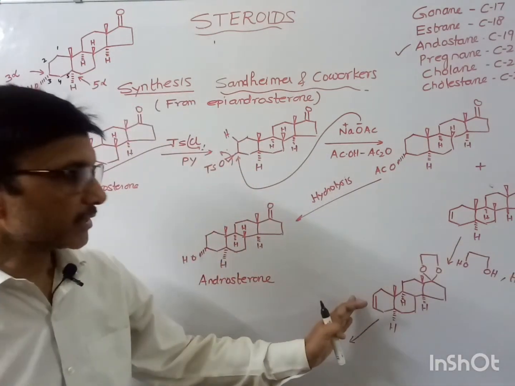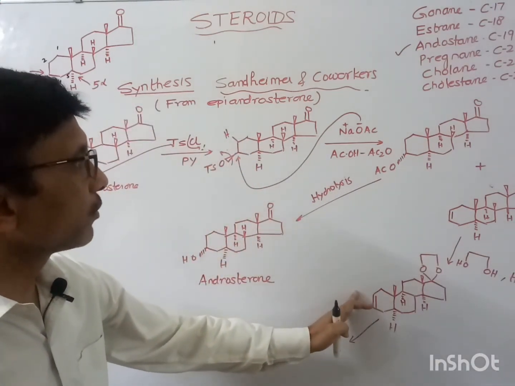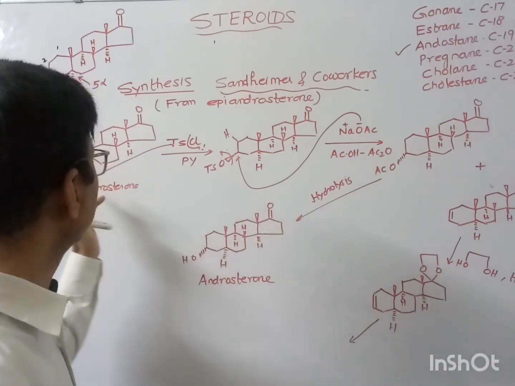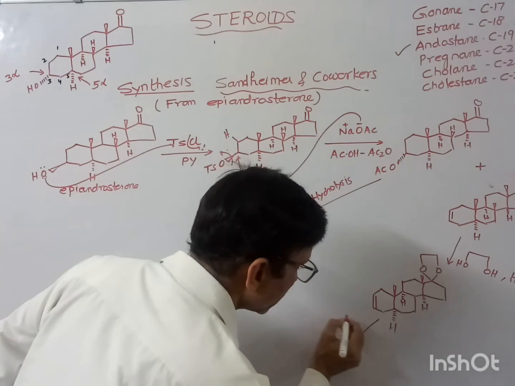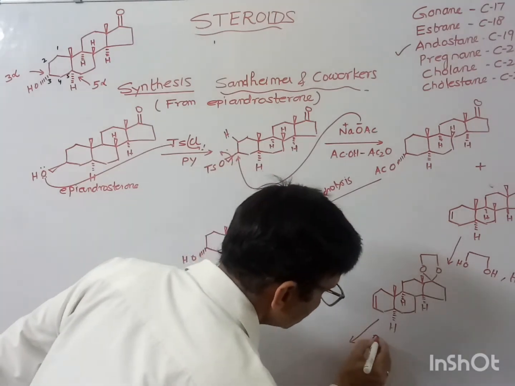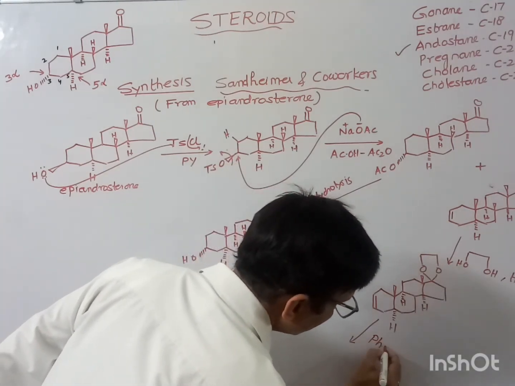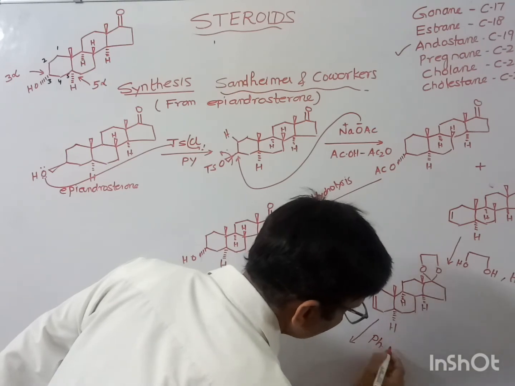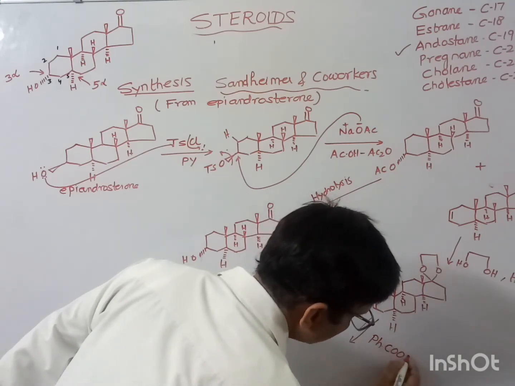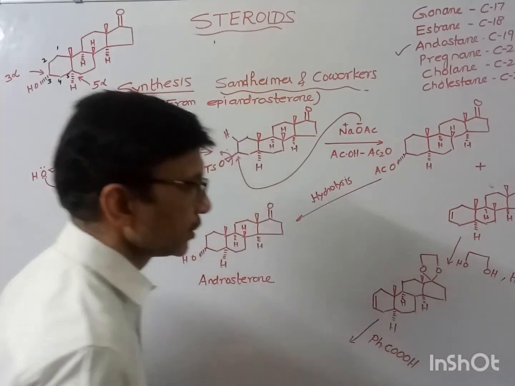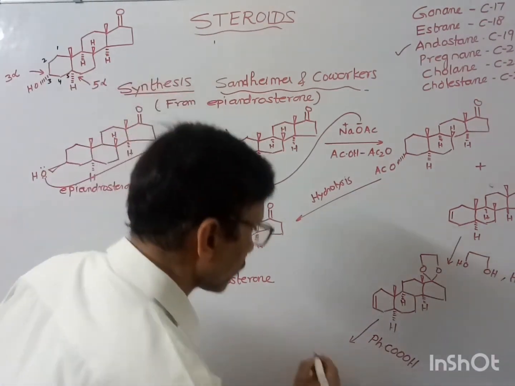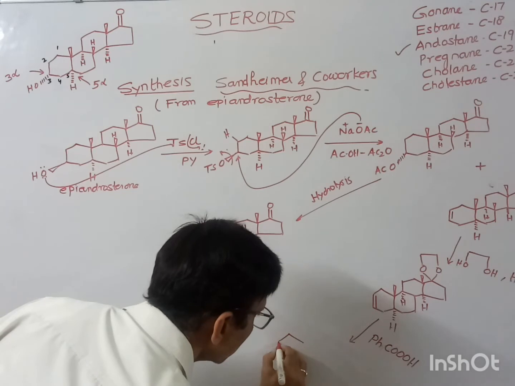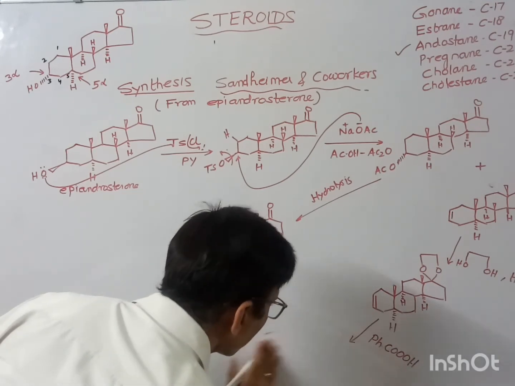So how can we convert this double bond into this OH group here? For this we will first do the epoxidation. For epoxidation we may use a peracid. This peracid will convert this double bond into the epoxide ring.